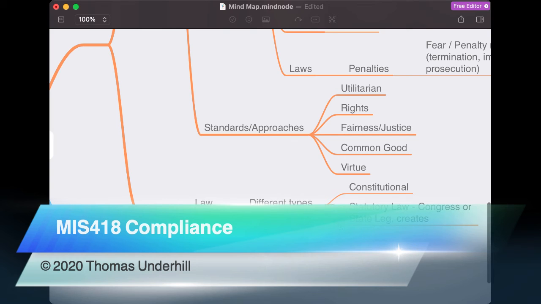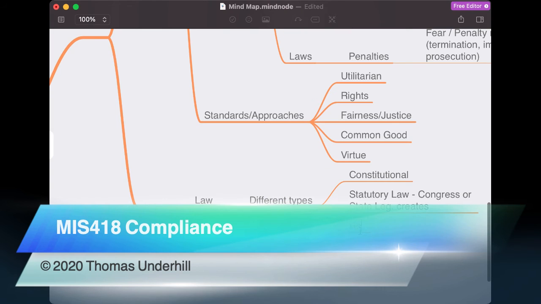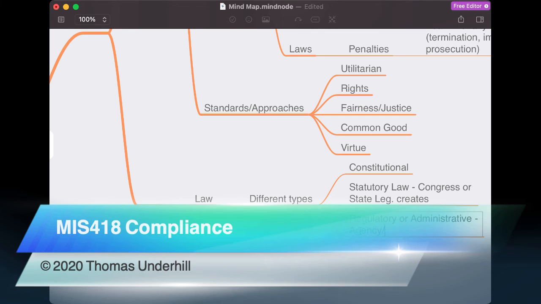Then you have regulatory or administrative law, which comes from an agency or the executive branch of the federal system. This is like the executive orders that the president can issue.